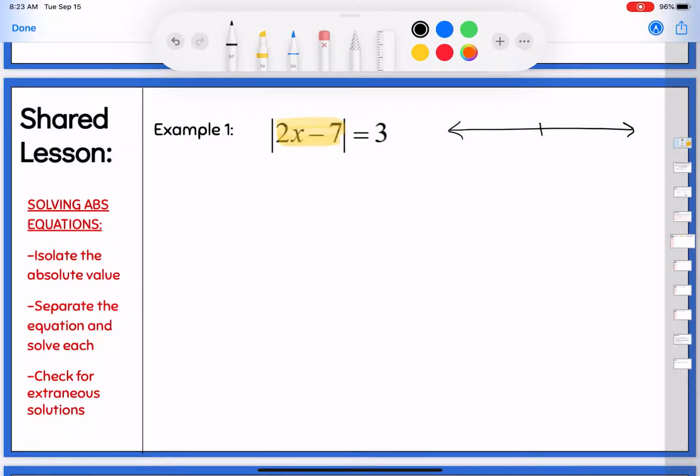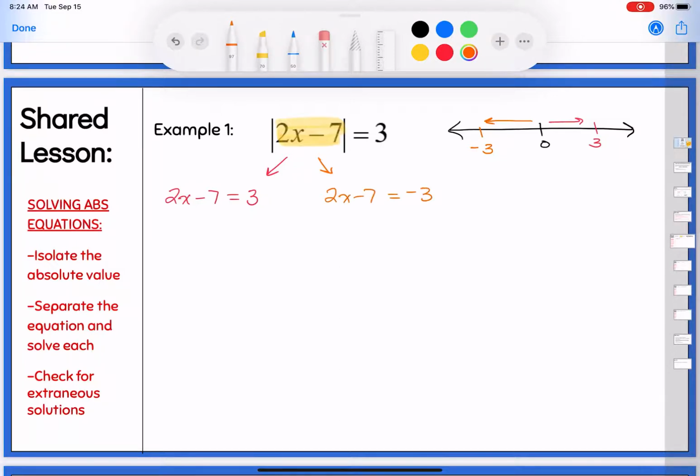Whatever that 2x minus 7 ends up equaling, it could be 3 units to the right of 0. So one possibility is that 2x minus 7 equals positive 3, because that would mean it is 3 units to the right of 0. The other possibility is that it is 3 units to the left of 0. So my second possibility is that 2x minus 7 equals -3.